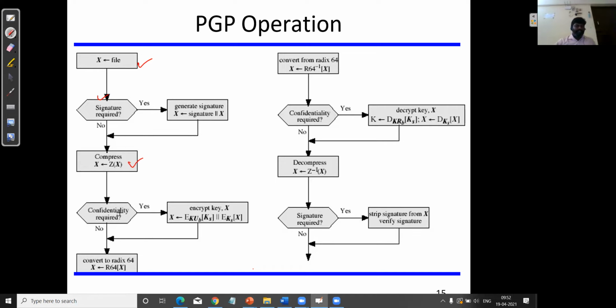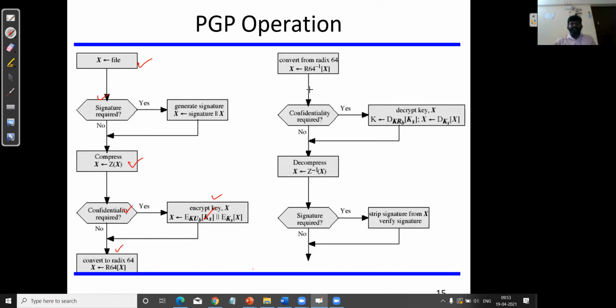If you want to achieve confidentiality, you can apply one more encryption using any technique, whether it is a secret key encryption. And then you convert it to radix 64, which converts our actual information in terms of binary values into ASCII values.